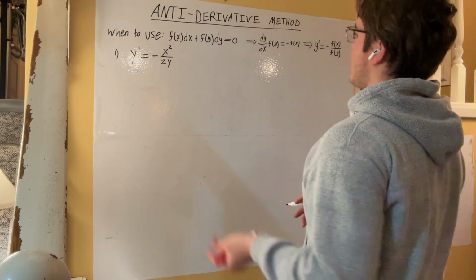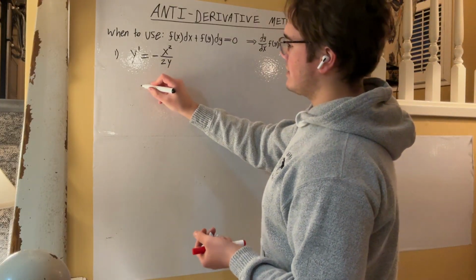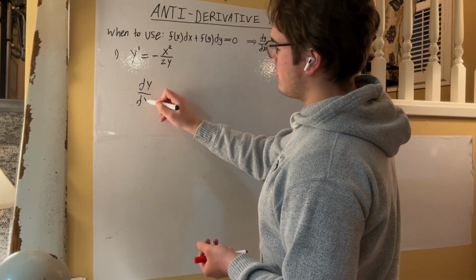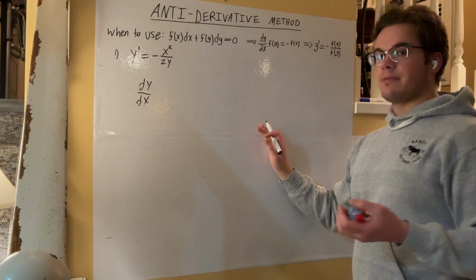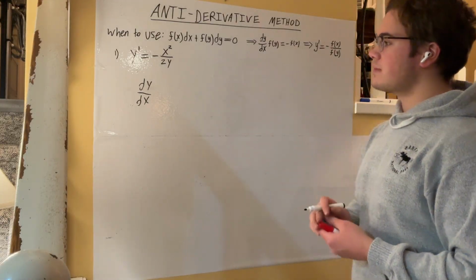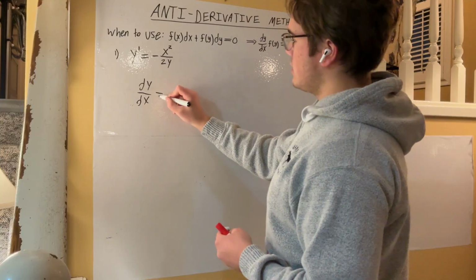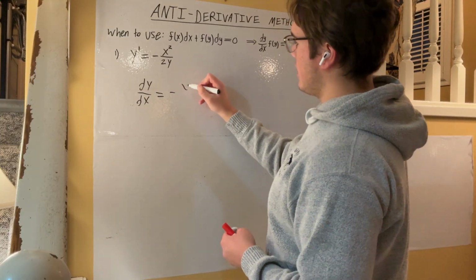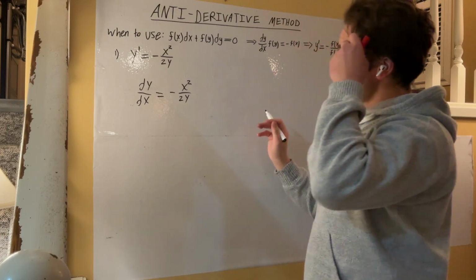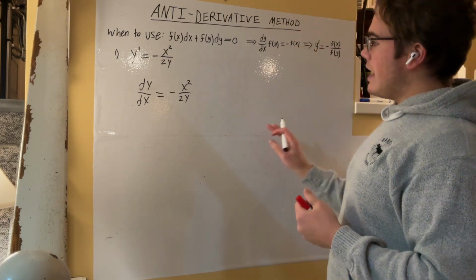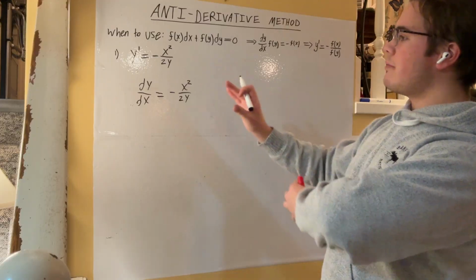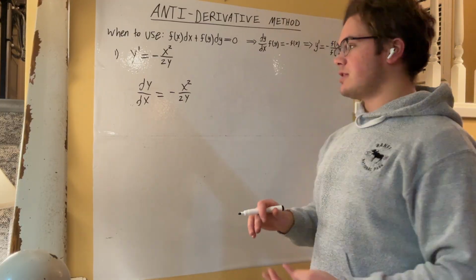So I see a y prime here. I'm immediately going to rewrite this as dy over dx, right? That is the other notation for the first derivative. I can equate this to negative x squared over 2y. Okay. Now what I'm going to do is cross multiply by the denominators here.